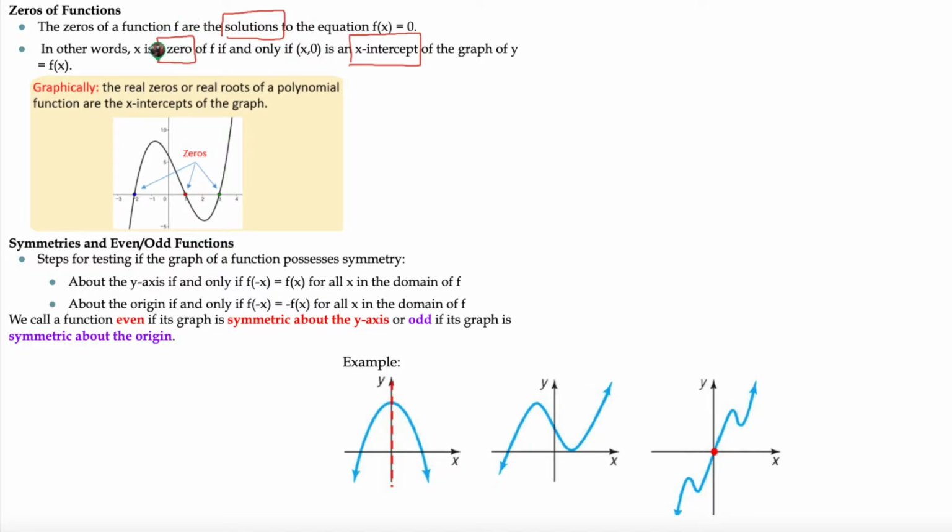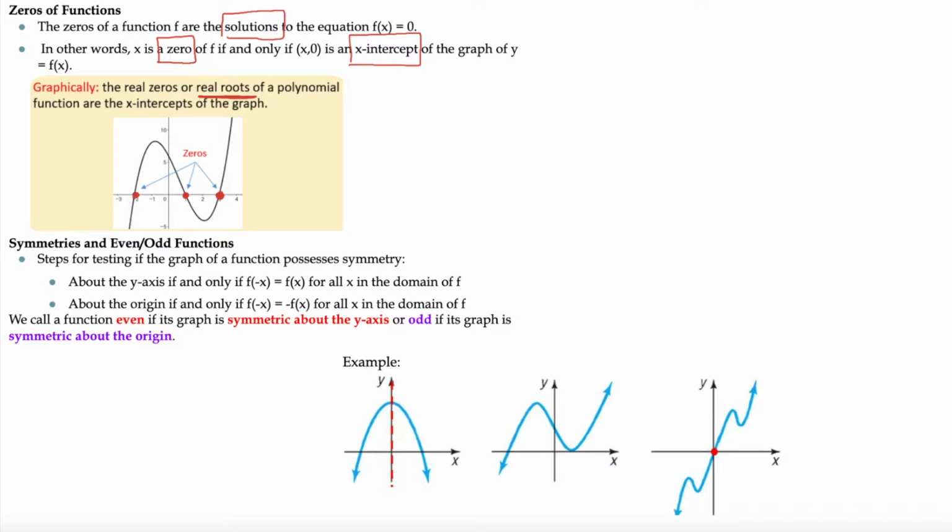So if I'm looking at the graph below, a zero, x-intercept, or a solution is anywhere our graph crosses the x-axis. These are known as the real roots. We do know that there can be non-real solutions in the complex world, and we'll talk about those later.